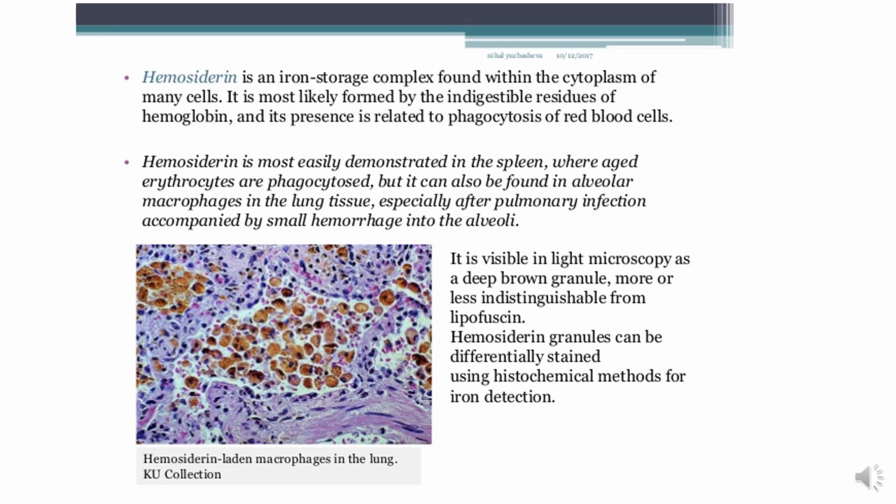Hemosiderin is most easily demonstrated in the spleen, where aged erythrocytes are phagocytosed, but it can also be found in alveolar macrophages in lung tissue, especially after pulmonary infection, accompanied by small hemorrhages into the alveoli. This is the light microscopic picture. You can see the deep brown granules, more or less indistinguishable from lipofuscin. Hemosiderin granules can be differentially stained using histochemical methods for iron detection.